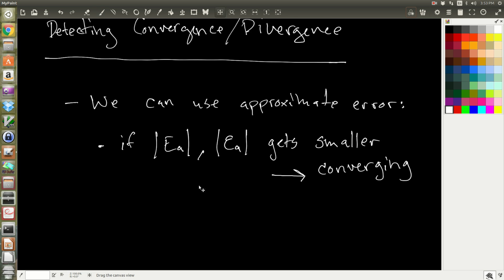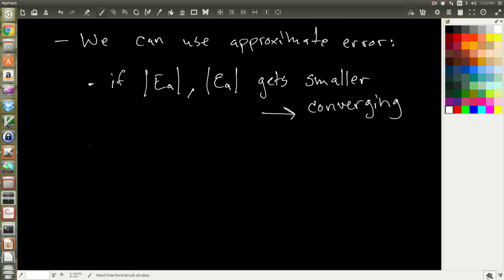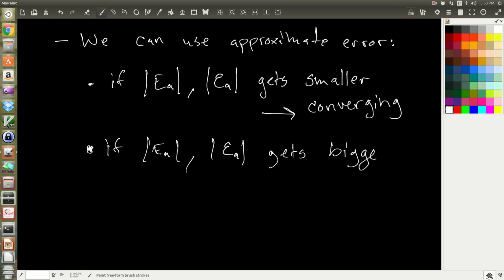However, if the approximate error or percent relative approximate error gets bigger as we iterate, then we assume it's diverging.